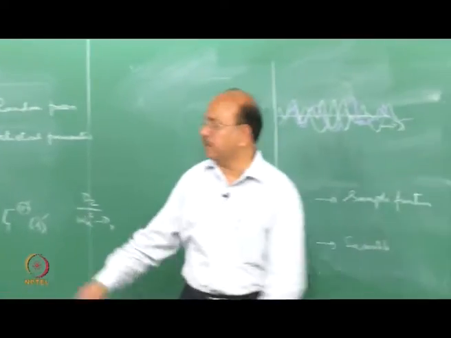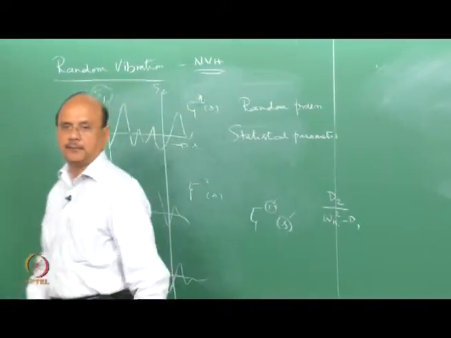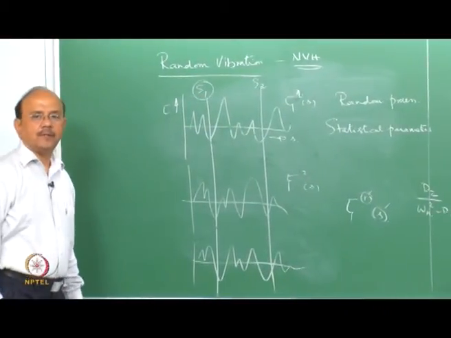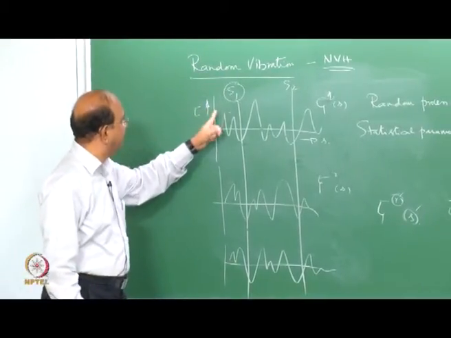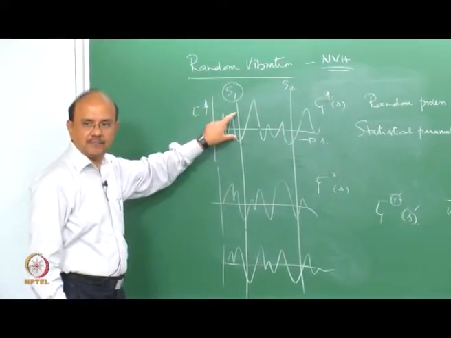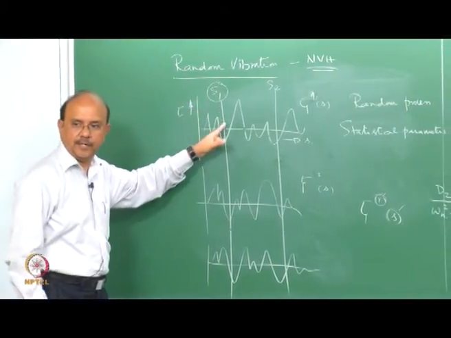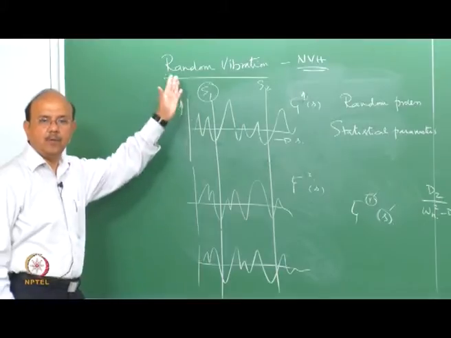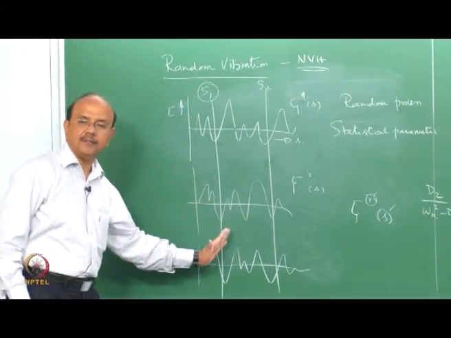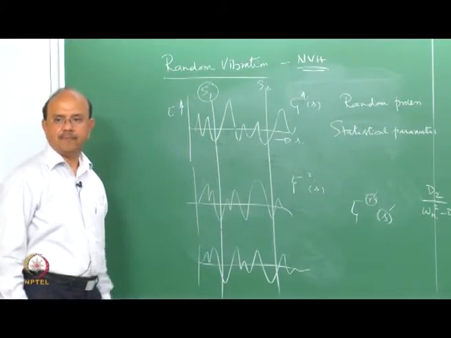Say for example, it can be S1. The question is, how is the roughness distributed at every point in that whole ensemble?